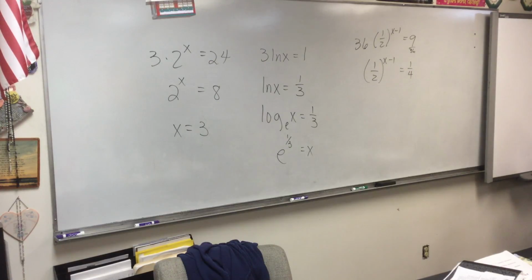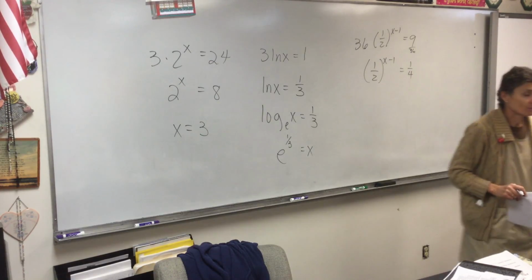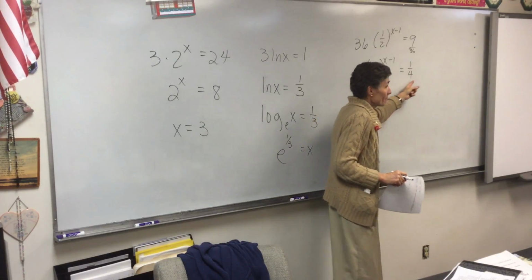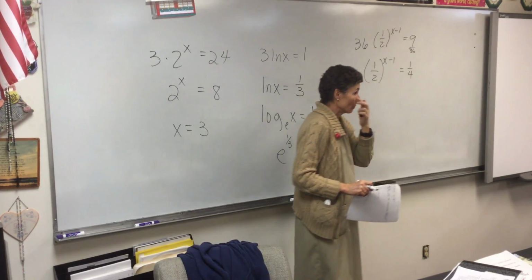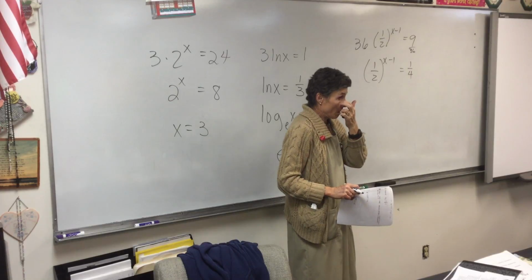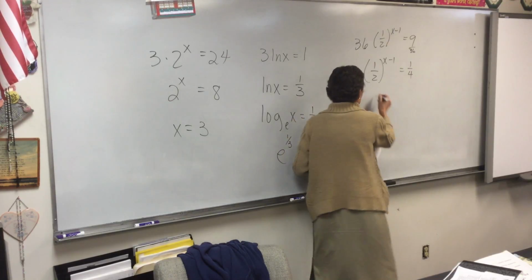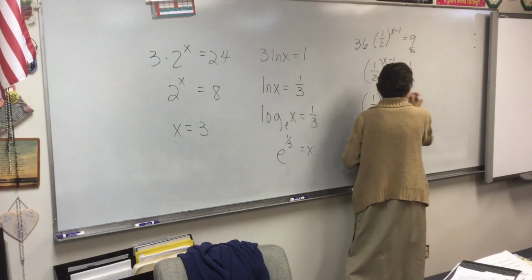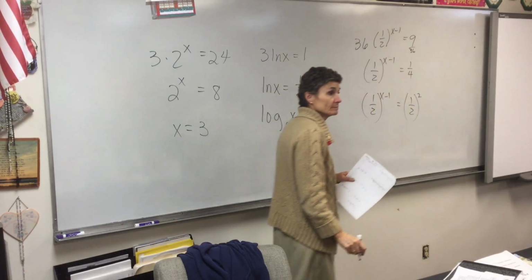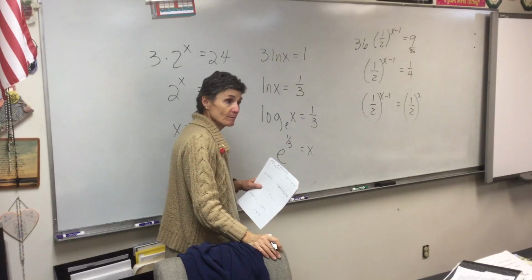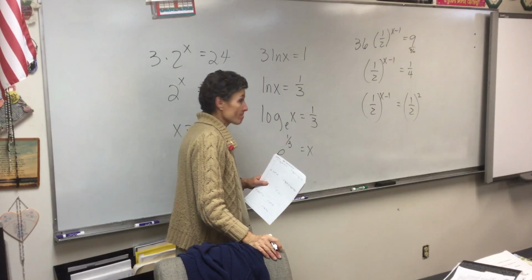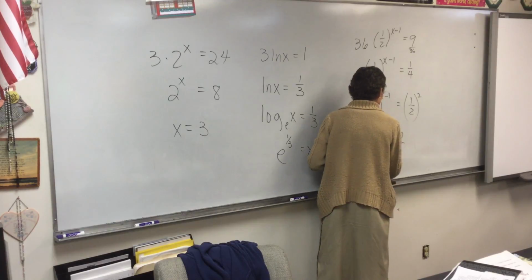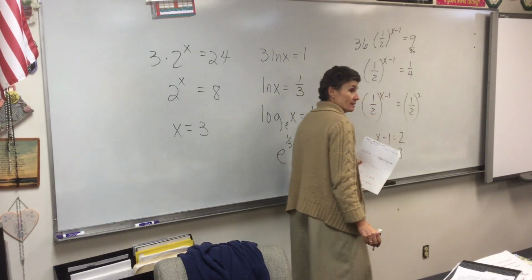Oh, I erased it. It's exactly like the quiz problem that we just did. In order to do this, these guys got to match. They don't. So 1/4, leave the 1/2 alone, and change the 1/4 into 1/2 squared. Now they match. So now we can say x minus 1 equals 2, so x equals 3.